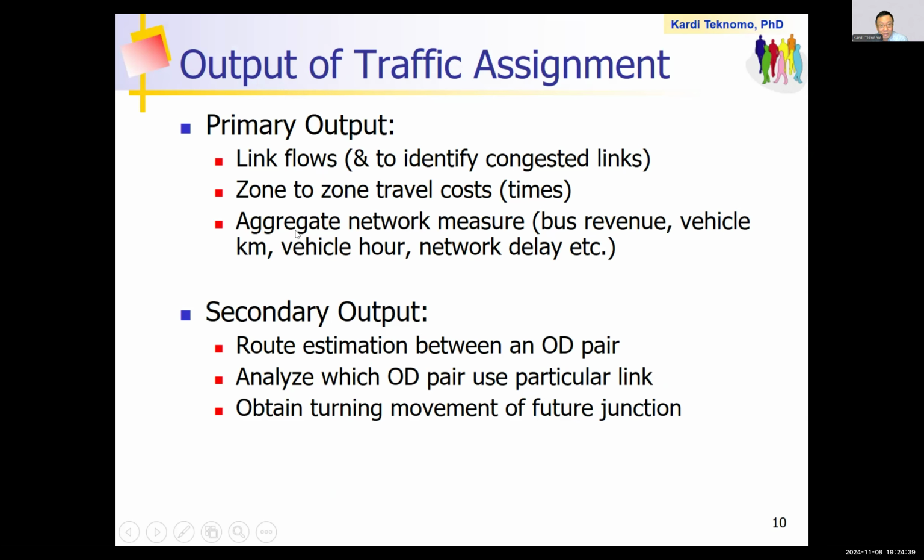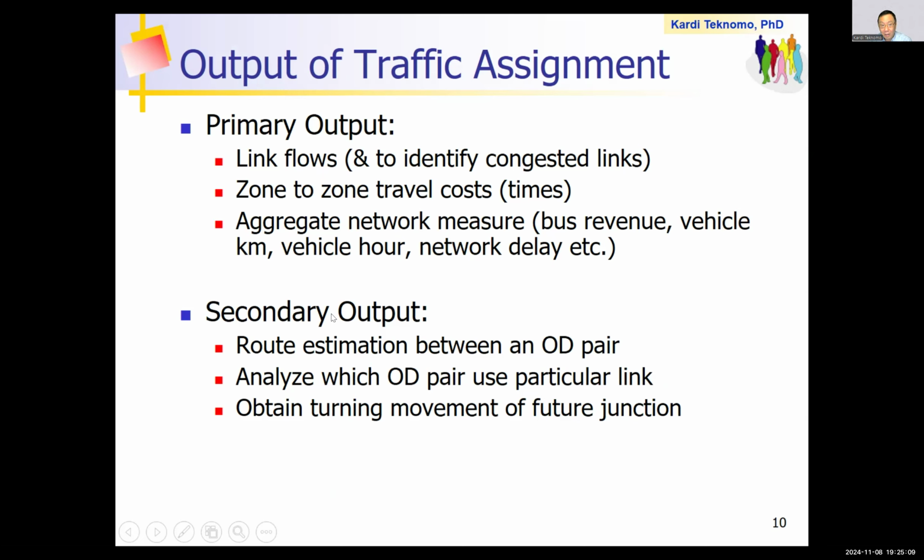Because the value is zone by zone, then you need to get the zonal travel cost too. And once you get the congestion level and the link flow, then you can calculate everything else. So for example, you can calculate vehicle kilometer, vehicle hour, network delay, bus revenue, and so on.